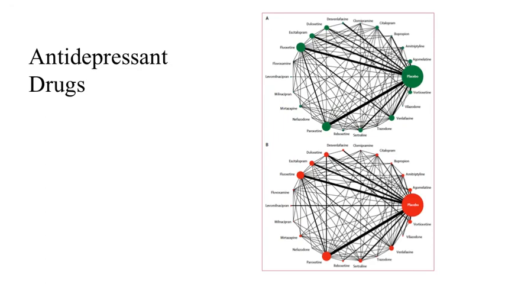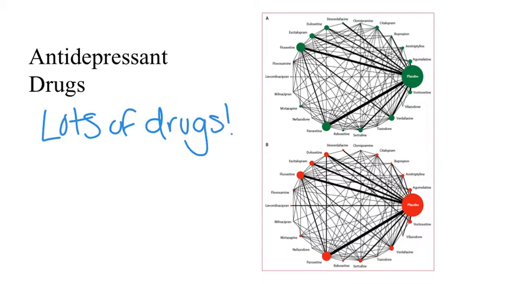In the antidepressant drug class, there are many agents. The figure on this slide is demonstrating over many years how many head-to-head comparisons there have been between different antidepressant agents and between antidepressants and placebo. The size of the circles indicate the number of studies that have compared these agents, and the thickness of the lines indicates the number of studies that have compared the two agents that the line is connecting.